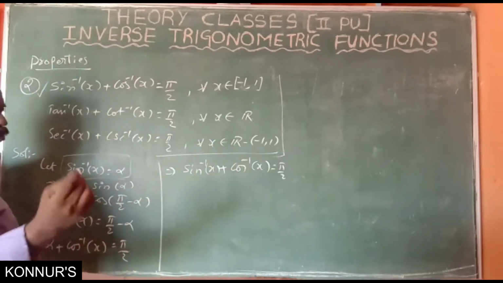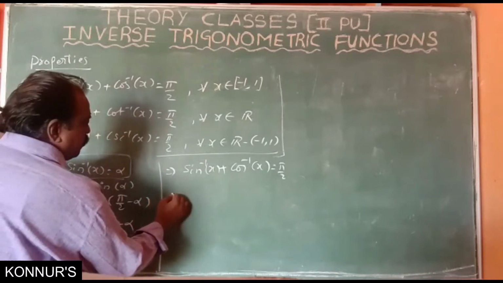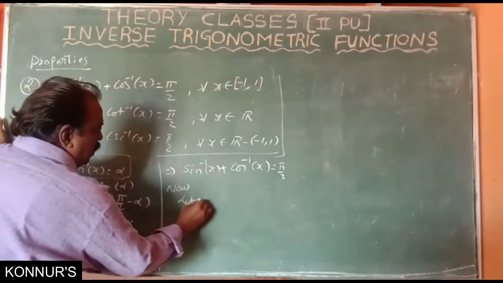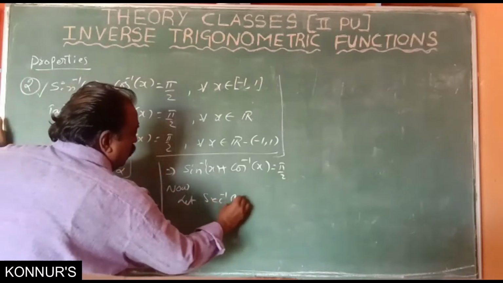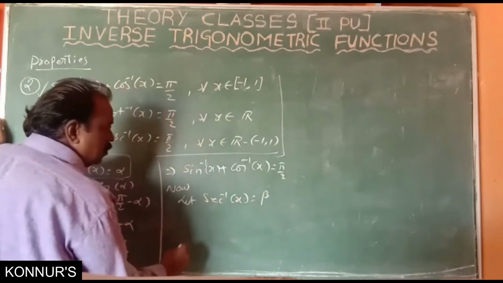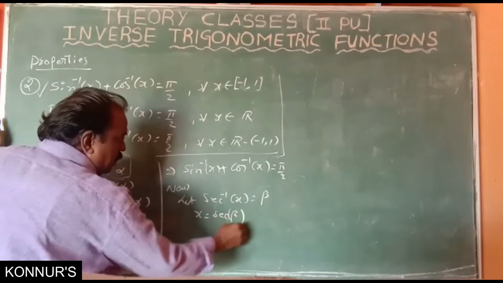Now for your sake, I am taking the third one. Let secant inverse x be equal to some beta. Then x is equal to secant beta.